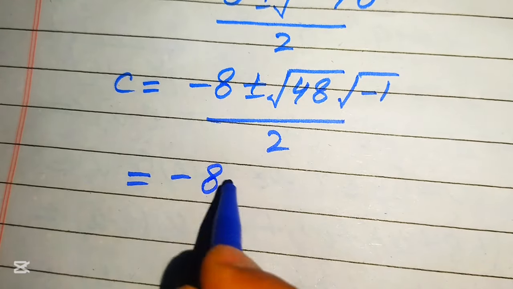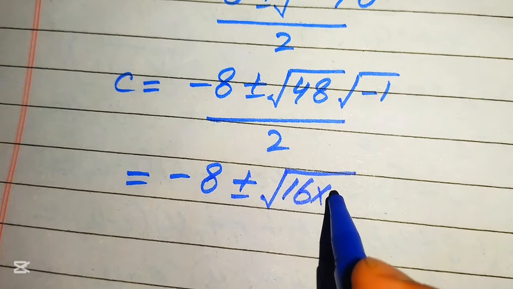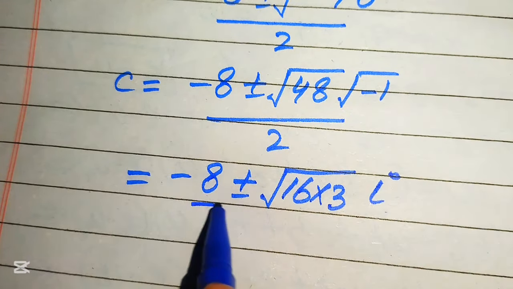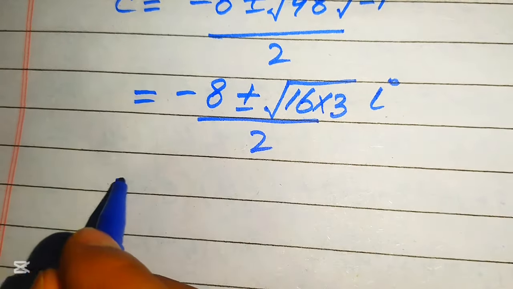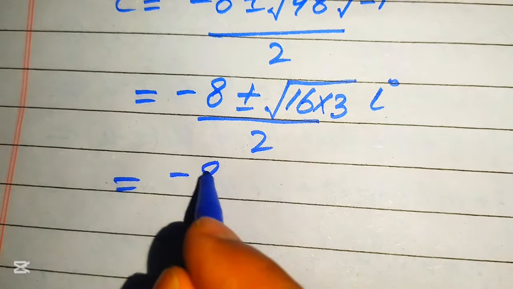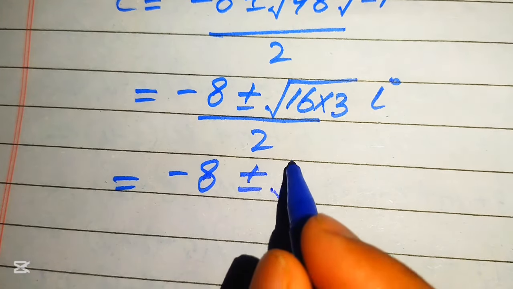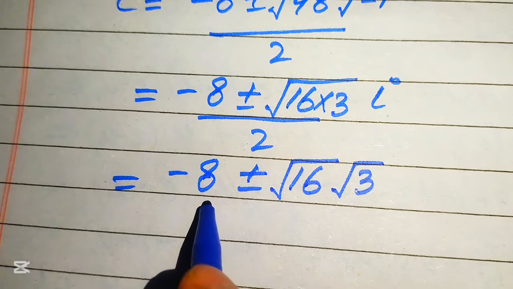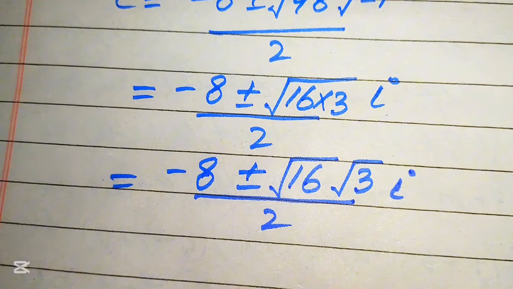And here we write this 48 as 16 times 3, and we know that square root of minus 1 equals iota, divided by 2. And here we break the square root, and we can write the square root separately on both of these values, and it will be written as plus minus square root of 16 into square root of 3, divided by 2 into iota.